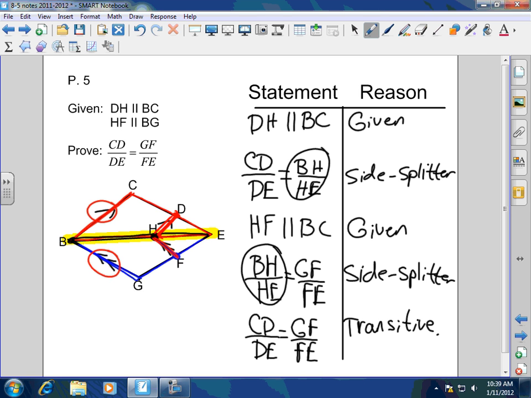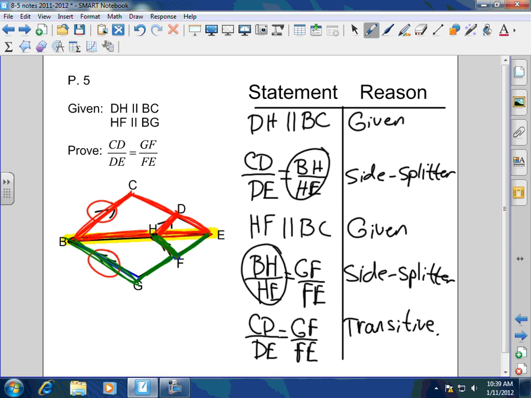When DH, okay, parallel to CB, what got split? What are the sides that got split? CD and DE and BH and HE. Over here on this side, HF is the side splitter to BG. So what got proportionally cut up?